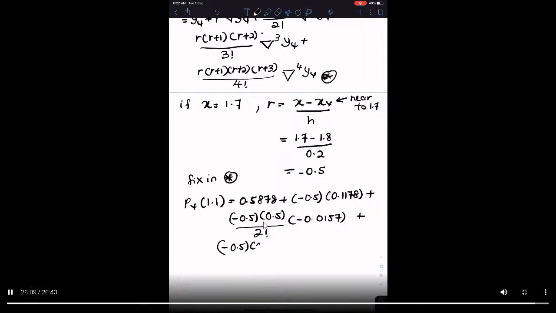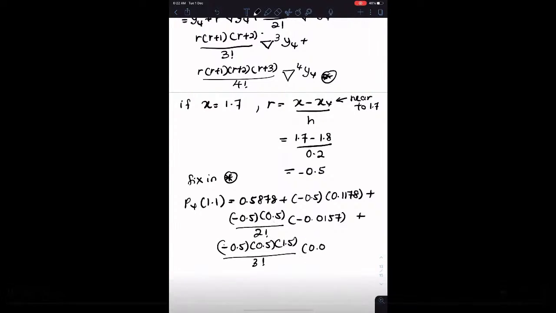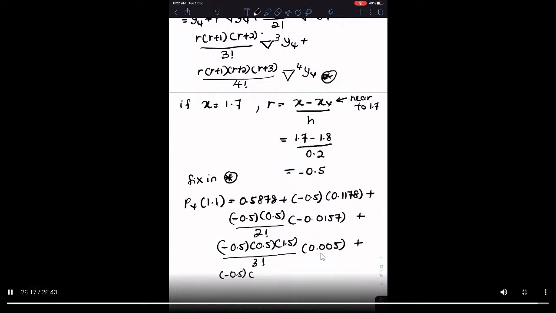Fix all in the formula. R is negative 0.5, so negative 0.5 times 0.5 times 1.5 divided by 3 factorial times delta 3y4, and then the last part is negative 0.5. So you can see the pattern of the expression is similar.